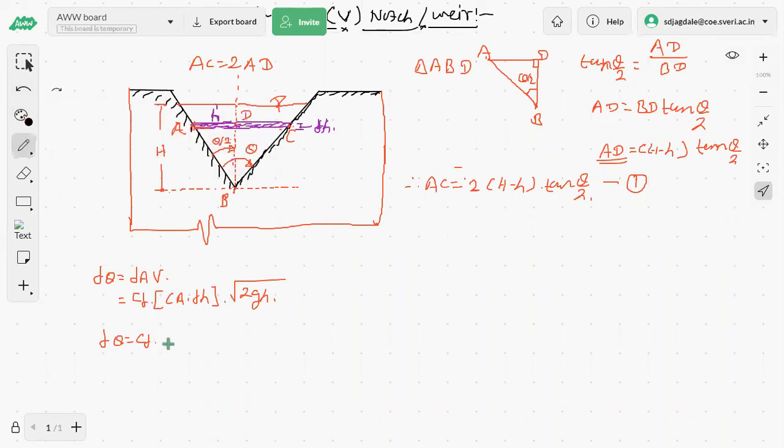So CA is 2 times (H minus h) into tan theta by 2 into dh into root of 2gh. Okay, what I did, I just introduced the value of the CA. कुठून आणली मी ती? इथं तो आपल्याकडे होतं CA म्हणजे AC होता, तो आपण या ट्रायंगल वरून जॉमेट्री प्रमाणे घेतलं होतं.